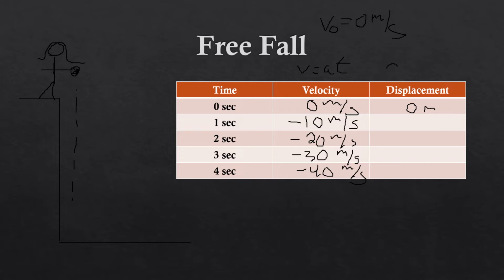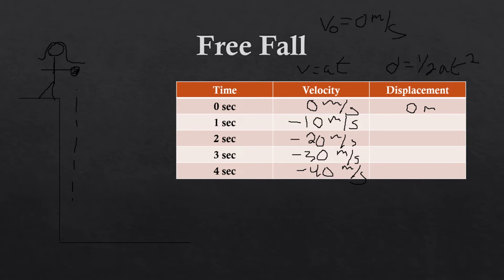To get the displacement for a free fall, we have to use the equation d equals 1/2 a t squared. For those of you who have been particularly astute, this is the exact same format as the KE equation. You have the 1/2, you have the thing that's squared.